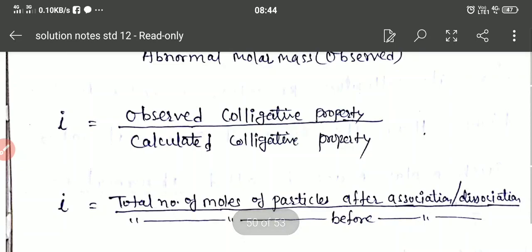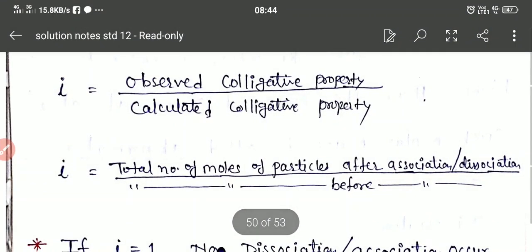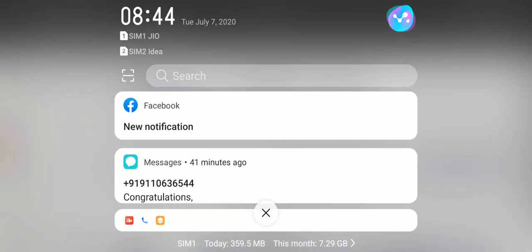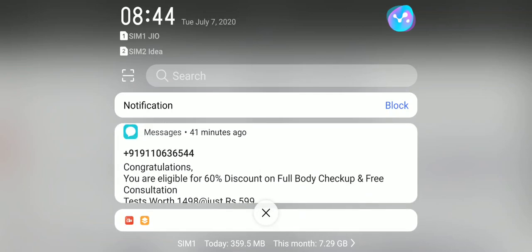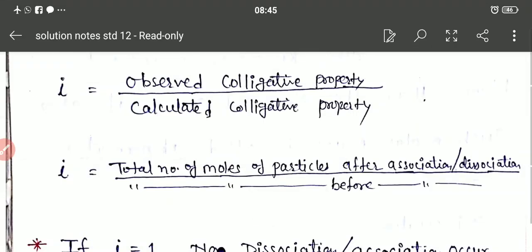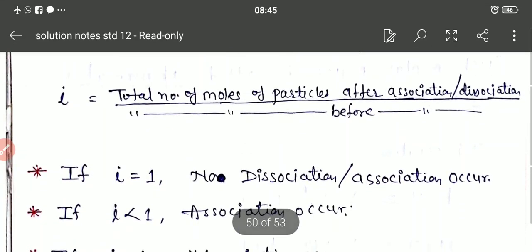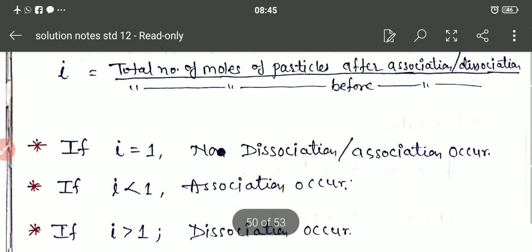The third equation: i is equal to total number of moles of particles after association or dissociation upon total number of moles of particles before association or dissociation.